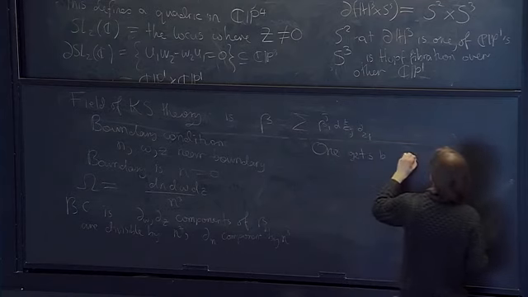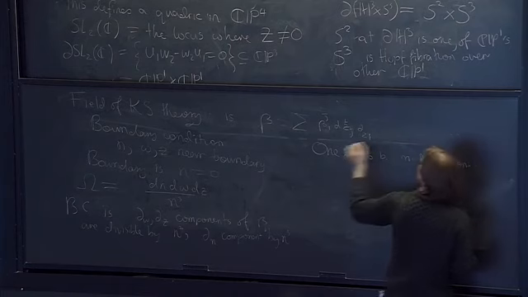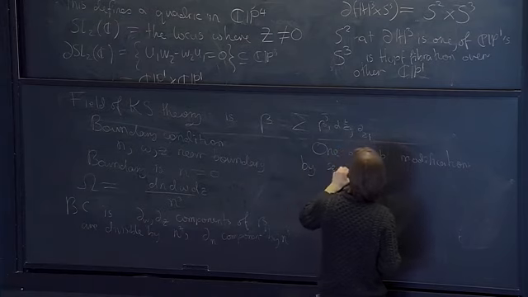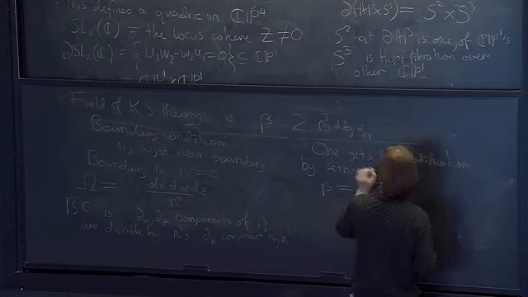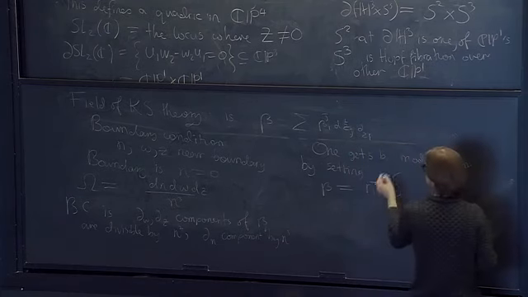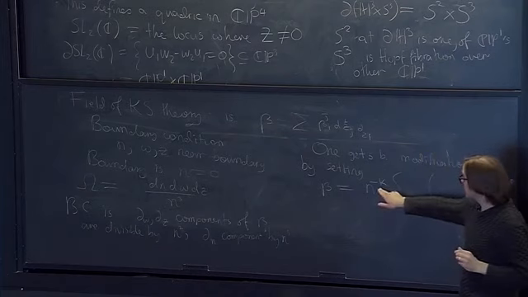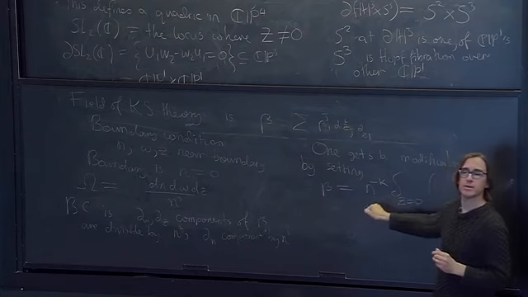Under modifications, by setting beta equals, say, n to the minus k, some delta function. Because I'm really changing the boundary condition just at that point.